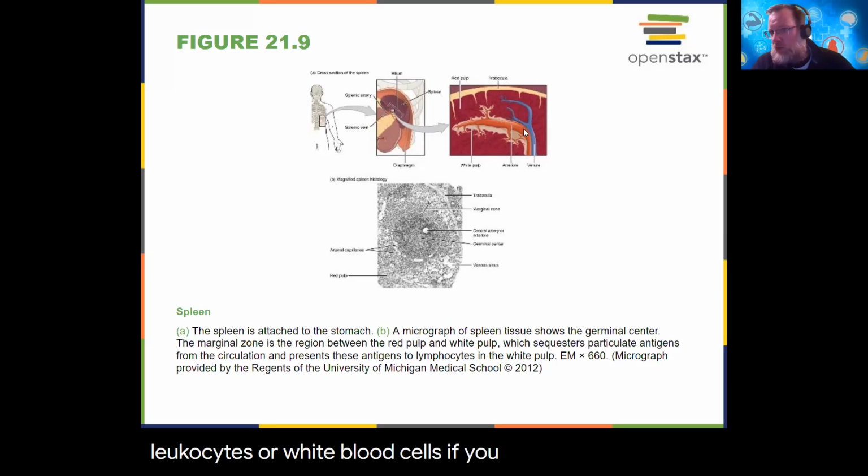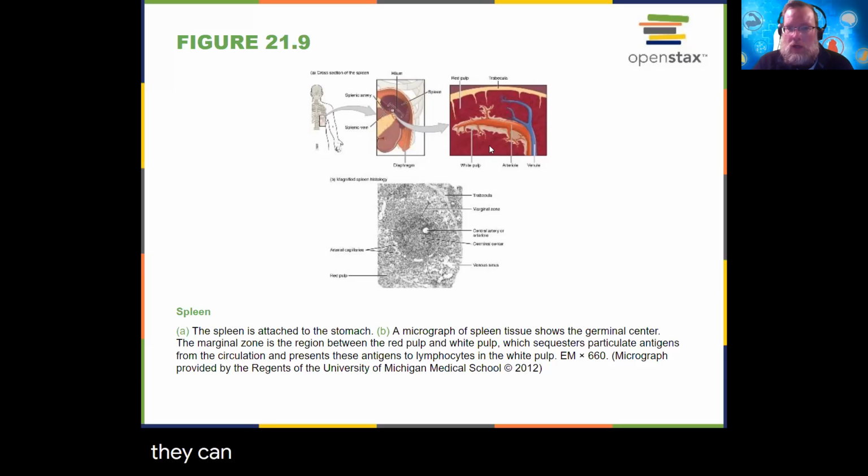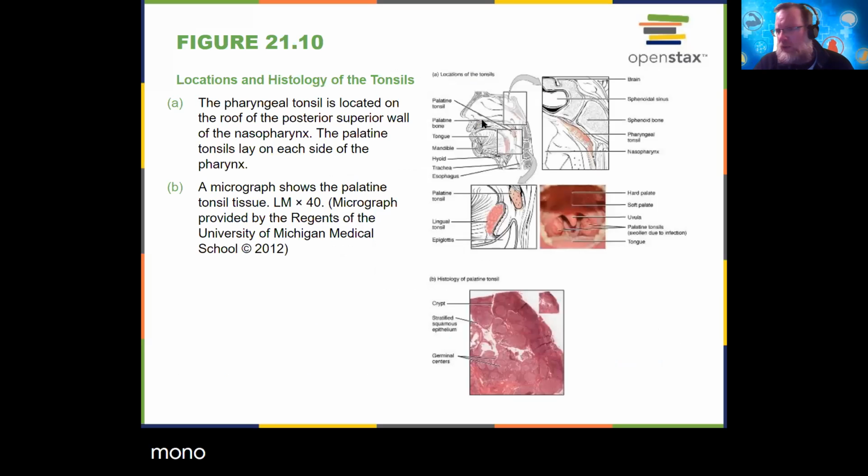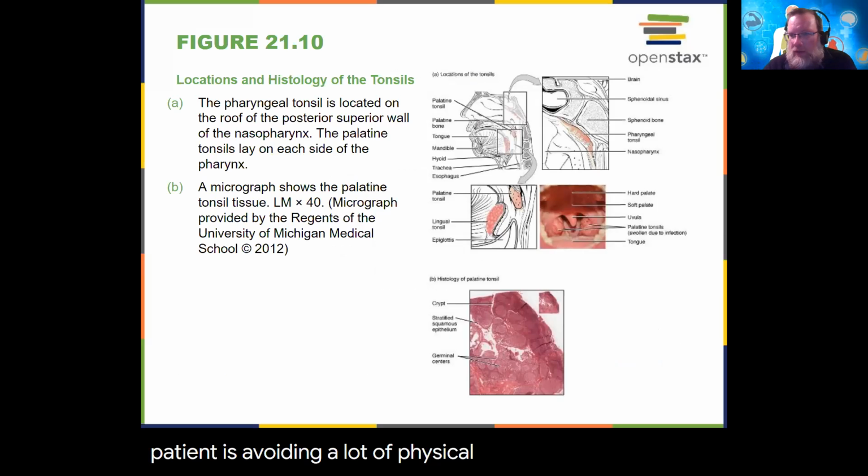If you get mononucleosis, it can cause spleen enlargement due to some of the production of excess monocytes. So even after a bout of mononucleosis, we usually want to make sure that the patient is avoiding a lot of physical activity, even for a few months after they've overcome it.